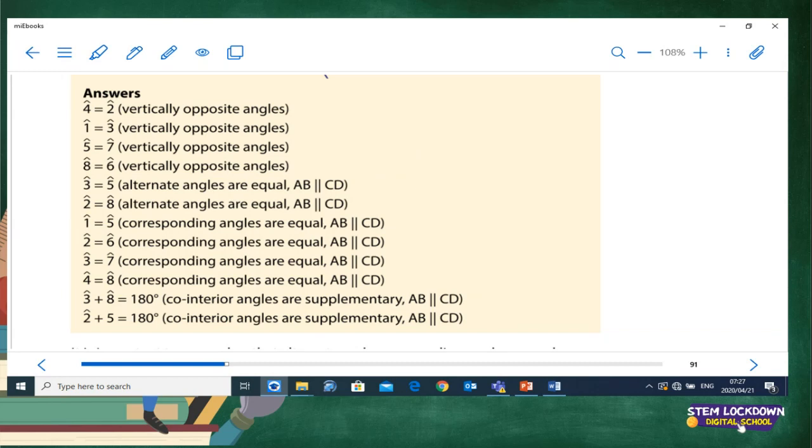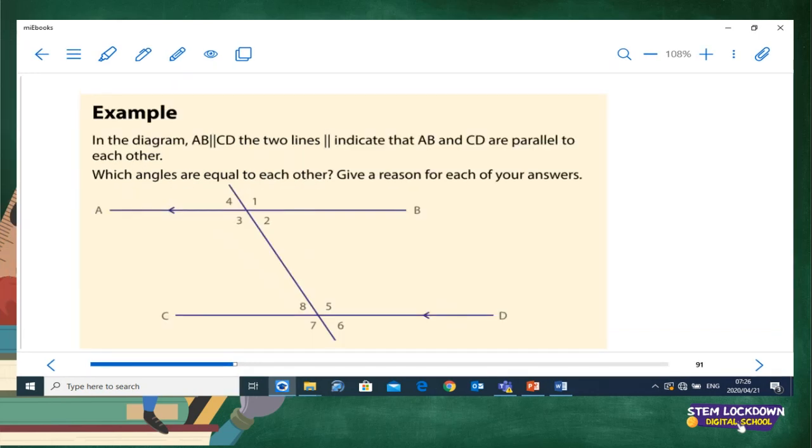If you look at 3 and 5 in the diagram, those are alternate angles. They form a Z shape. Equally, 2 and 8 are also alternate angles. They too form the Z shape.